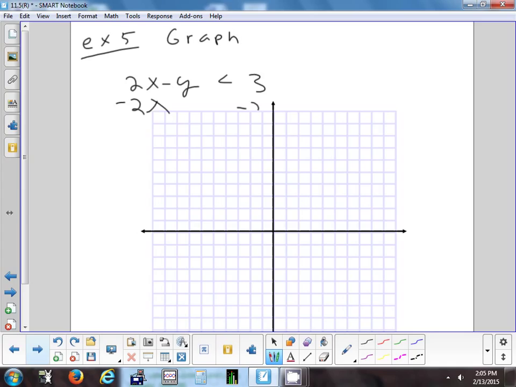Subtract 2x. Subtract 2x. Okay, and I get negative y. Now, what should I write on this right-hand side? Remember the order we talked about we wanted in? mx plus b, good. So your negative 2x, yep, plus 3. Perfect, that's exactly it.